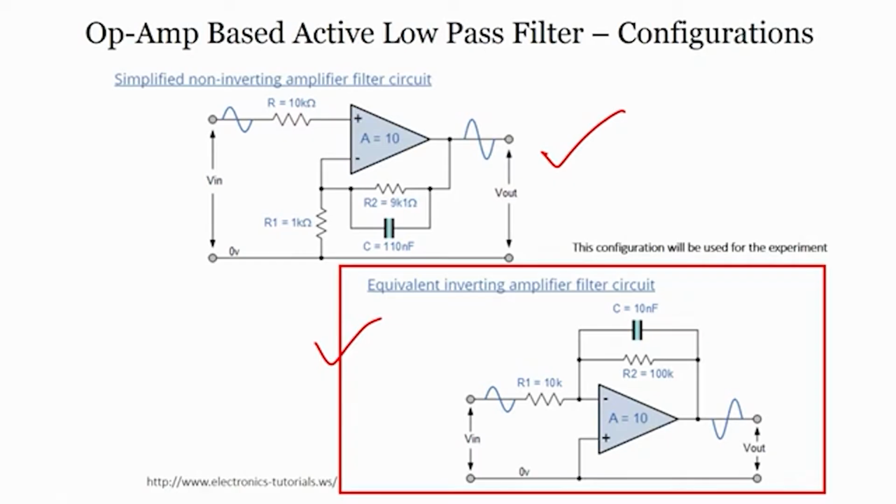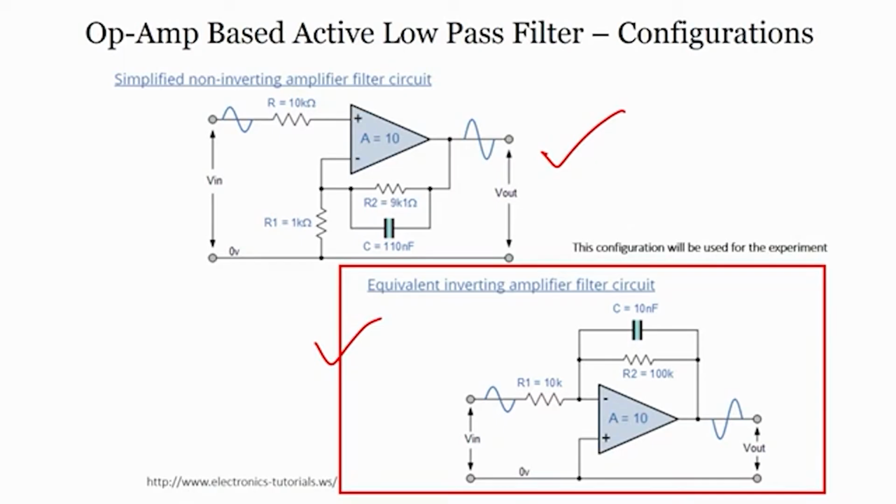Sometimes you see an inverting amplifier circuit, sometimes you see a non-inverting amplifier circuit, that does not really change the game. The result would be the same, both are active low pass filters. It depends on you which one you want to consider. You can consider non-inverting, you can consider inverting, and you can see the change in the input and output.